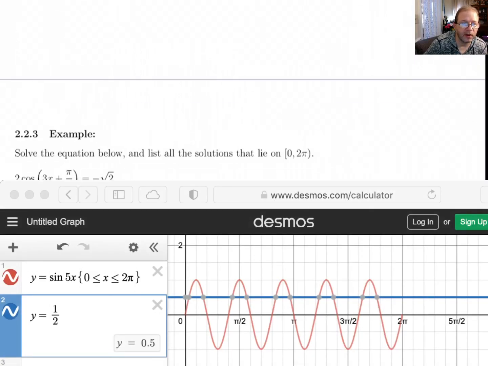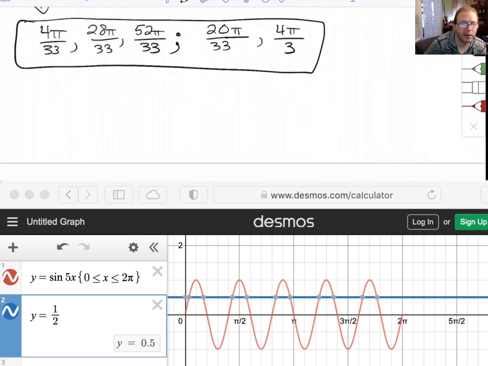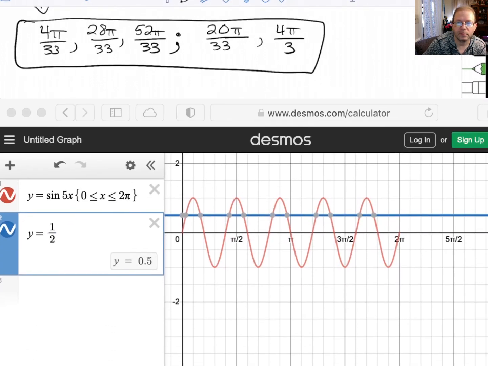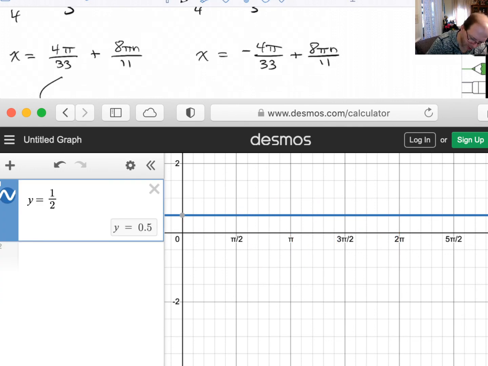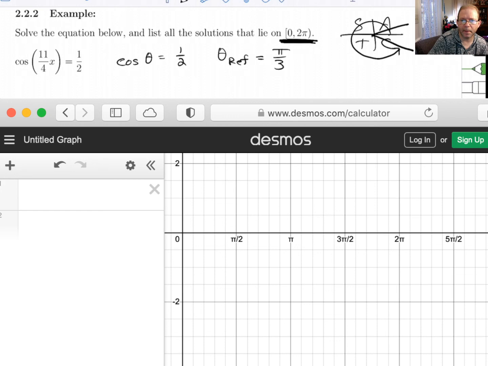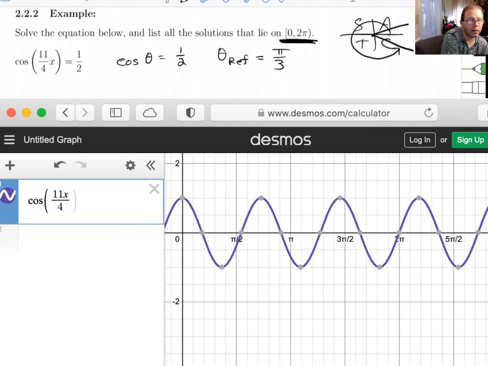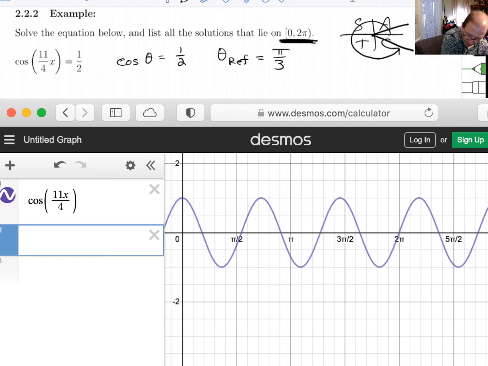Let's see, I'm going to bring this up. Whoop, not that. Okay, what was the equation we had? Cosine of 11x over 4. And that was equal to 1/2.